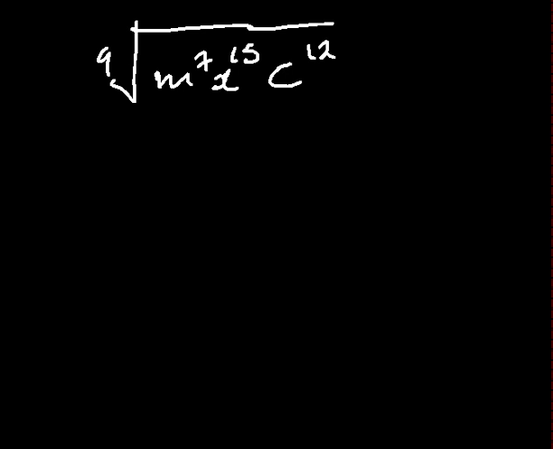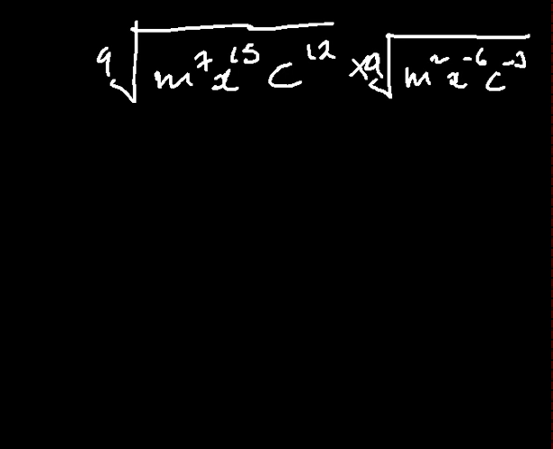The principle is the same: we have to have the conjugate of this. Well, that would be given as m to the power 2, x to the power negative 6, and c to the power negative 3.